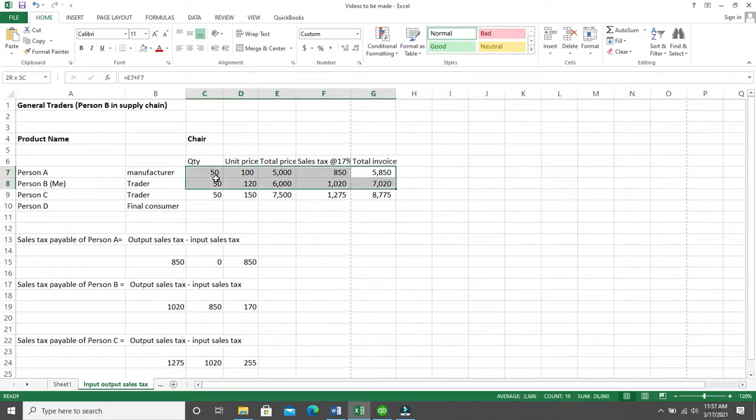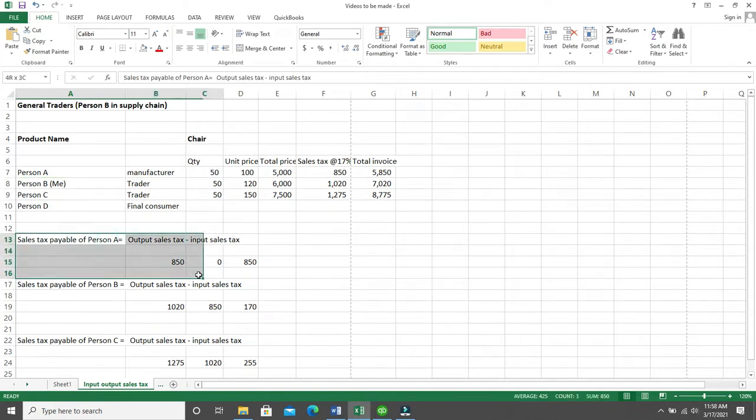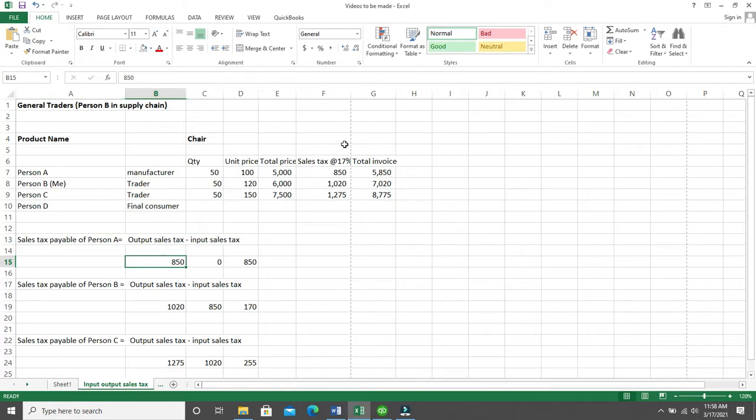Now for determination of sales tax payable of person A, we shall apply the formula. And what is the formula? The formula is output sales tax minus input sales tax. So for person A, which is my vendor, he shall calculate his sales tax liability. His output sales tax is 850, which he has charged on the invoice.